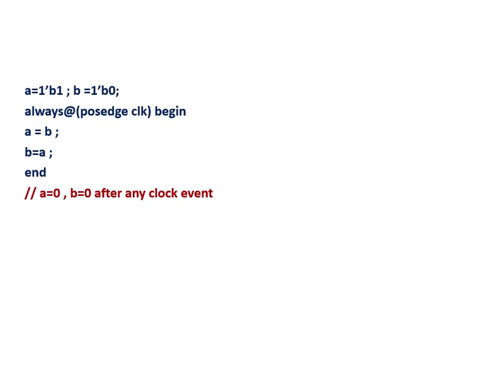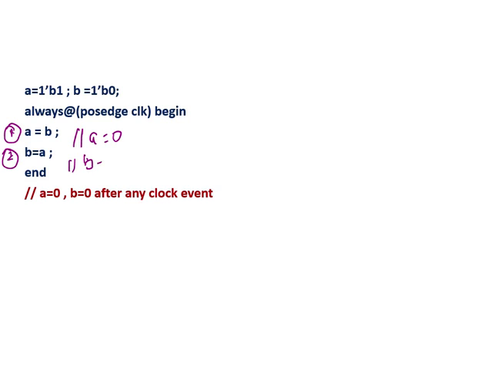What will be the output for this one? Here a equal to 1, b equal to 0. As b equal to 0, a will get 0, then b equal to a. This is a blocking statement, so first this line will be executed, and a will get 0. Next, after completion of the first line, the second line will be executed. So what will happen?